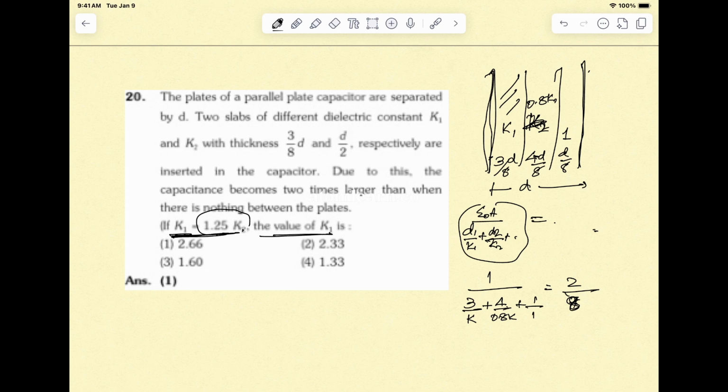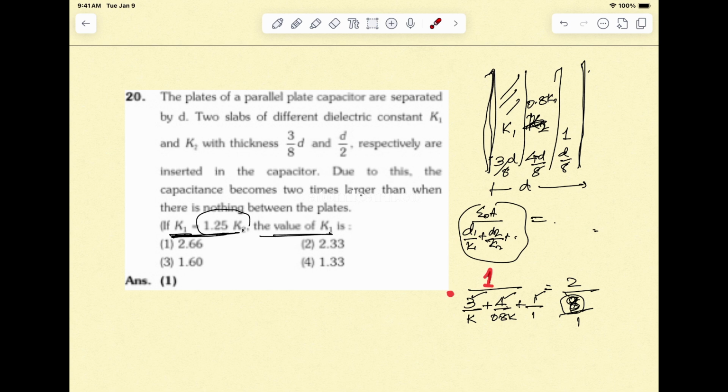Now here it is going to be 1 by 1. The thickness I have taken as 3:4:1, therefore the total thickness is 8. I'll repeat the logic so I don't waste time: I simply write, because epsilon naught A is going to get cancelled out, I'm not going to write epsilon naught A here.